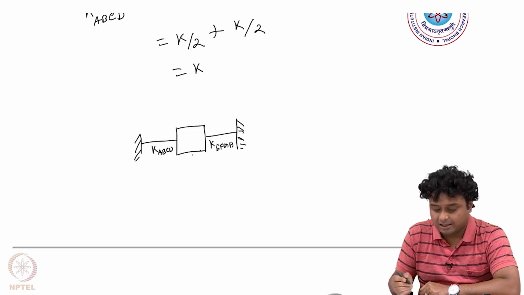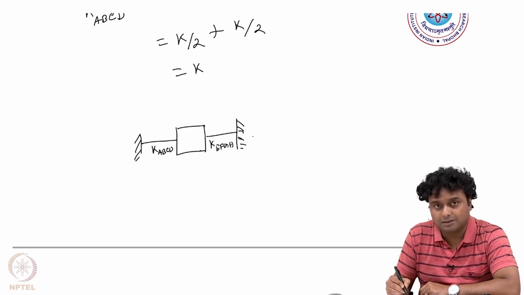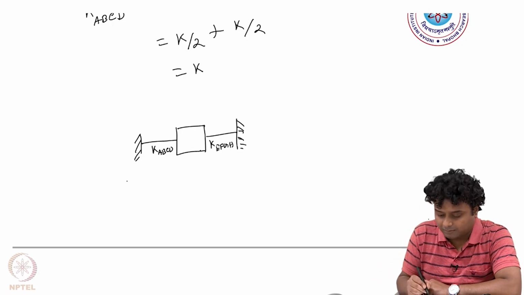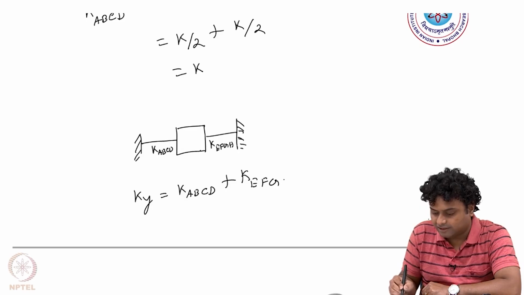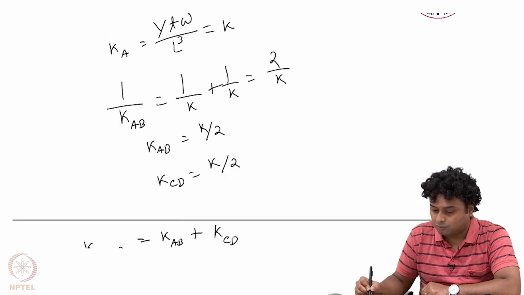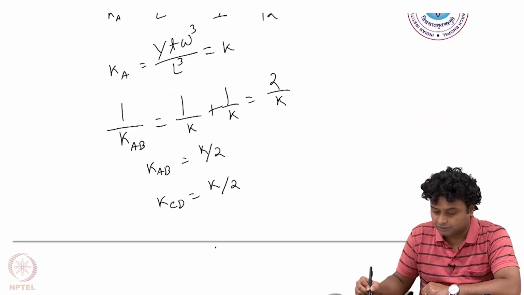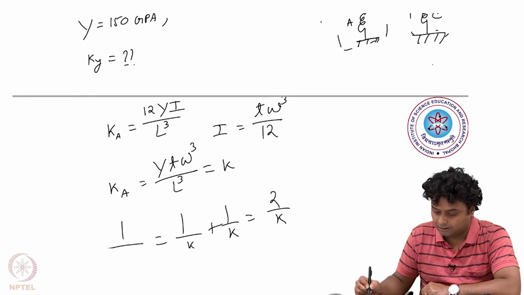However, for this case KABCD and KEFGH both have stiffness constant K. So the force and deflection both are the same. So the ultimately equivalent Ky for this kind of system is KABCD plus KEFGH, which is equal to 2K.